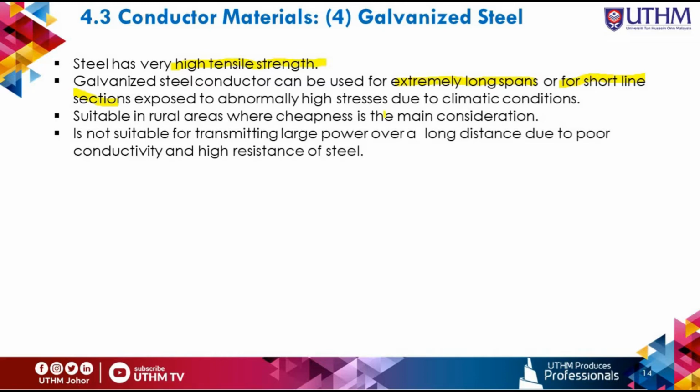They have been found very suitable in rural areas where cheapness is the main consideration. Due to the poor conductivity and high resistance of steel, such conductors are not suitable for transmitting large power over a long distance.